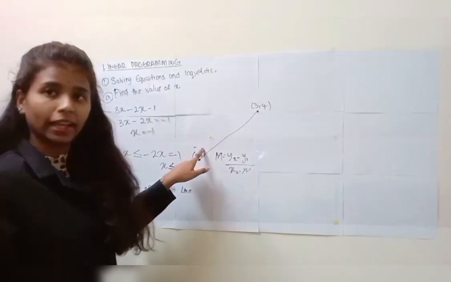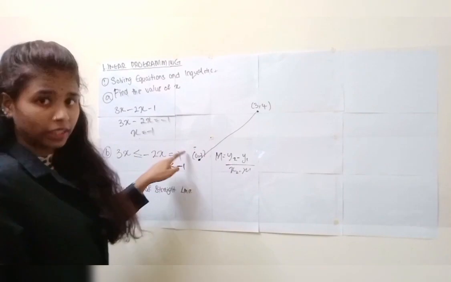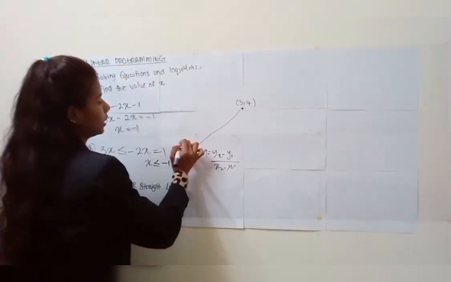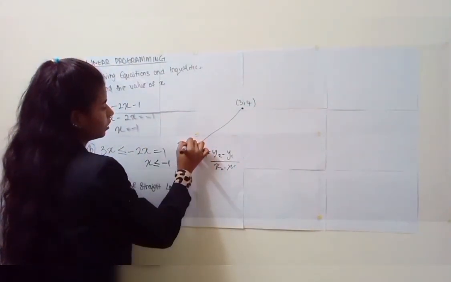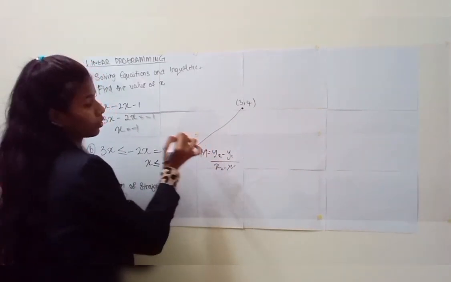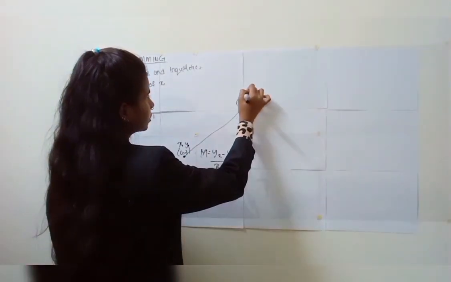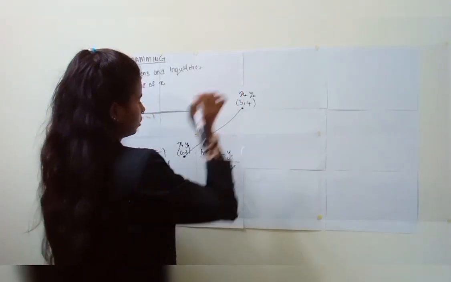y1, this one x1, and then here also and here 0 is x1 and 2 is y1, and then here also x2 y2.